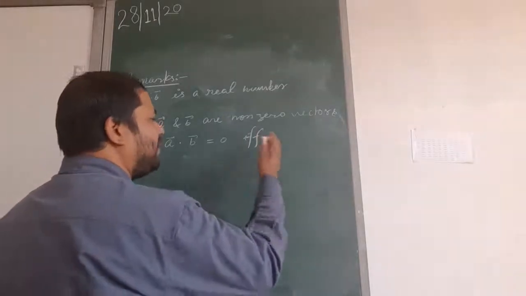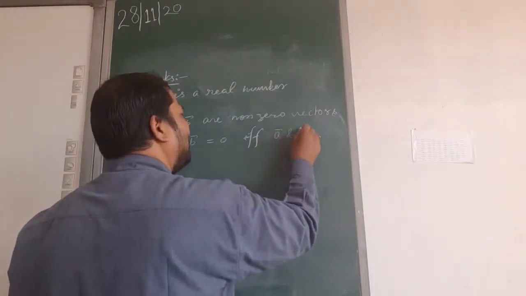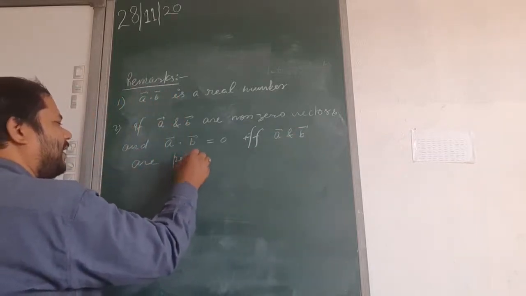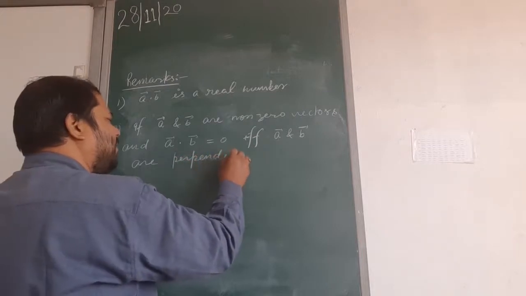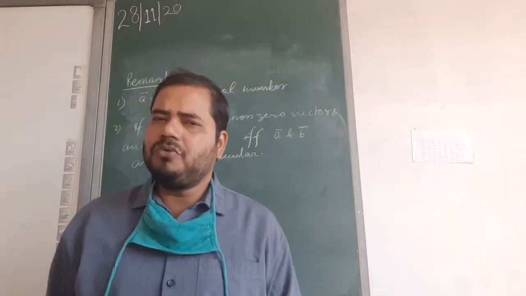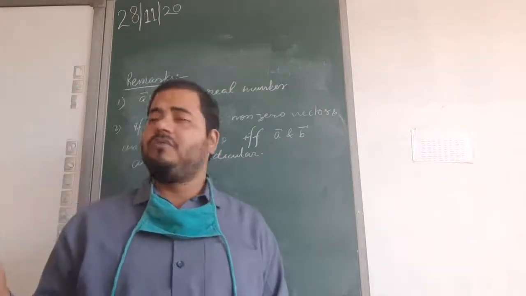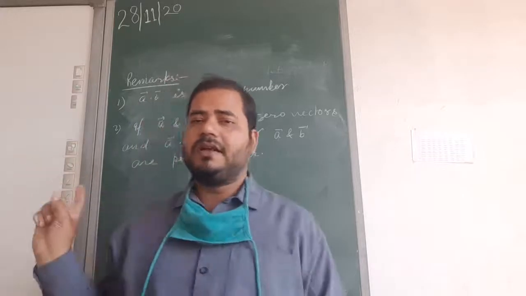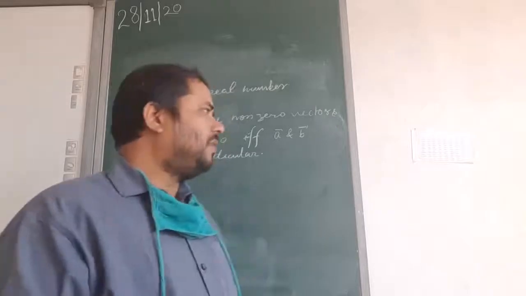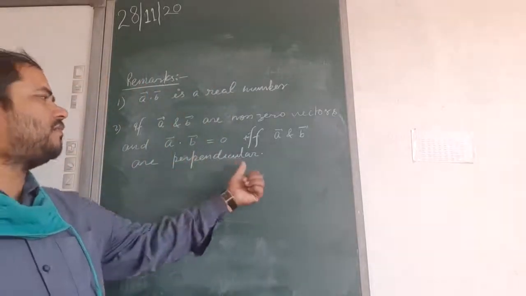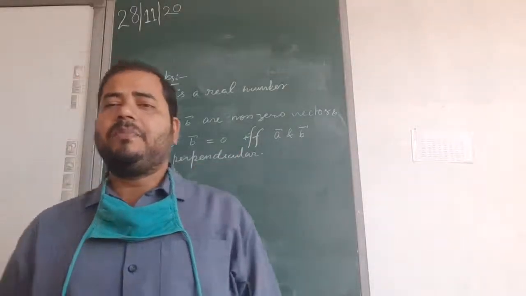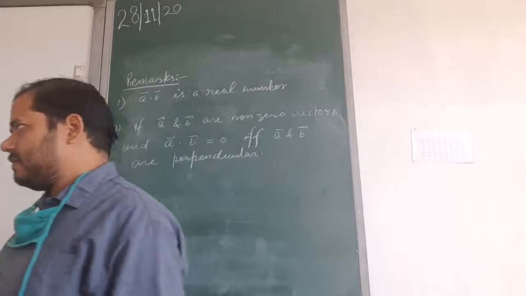A dot B is 0 if and only if vectors A and B are perpendicular. That means whenever you need to show given two non-zero vectors, always remember, if any one of them is 0, then A dot B is not defined. I have already told you, okay? But if A dot B is equal to 0, then A and B are perpendicular. Condition is that A and B are non-zero vectors, okay?